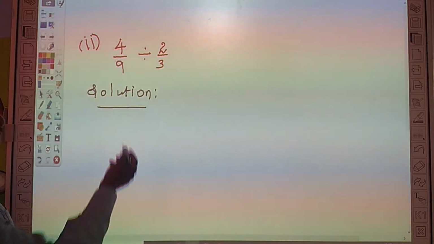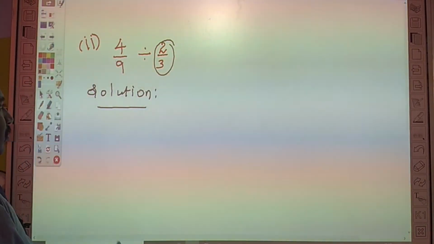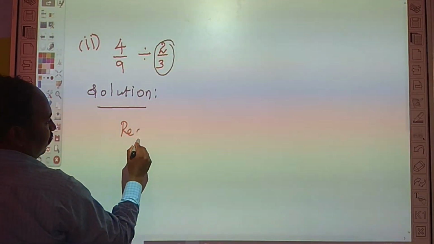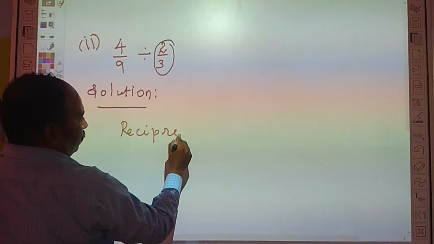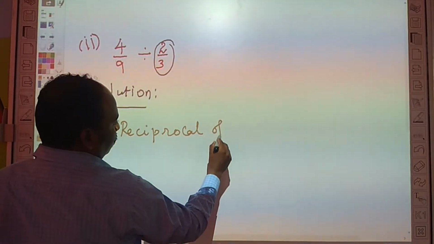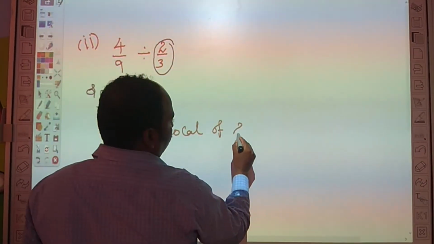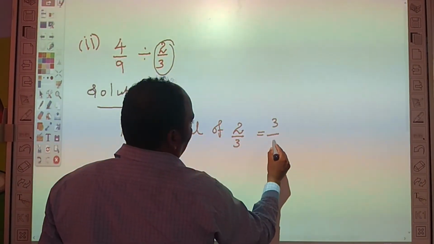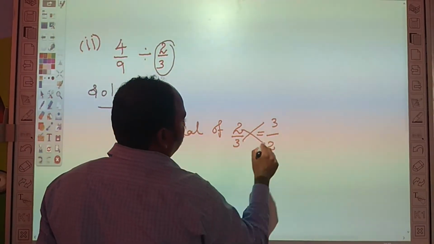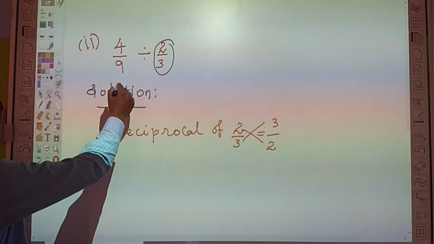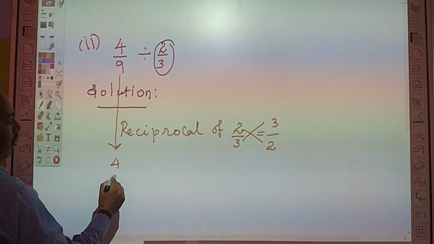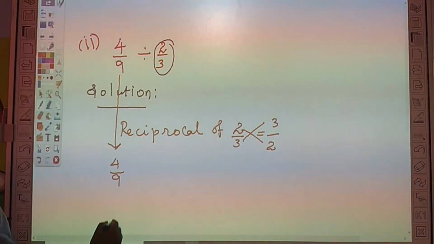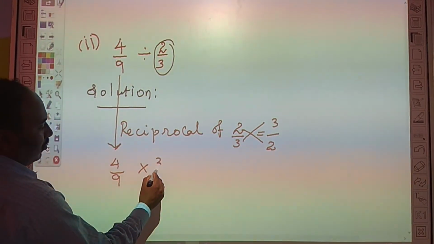First we take the reciprocal of 2 by 3. The reciprocal of 2 by 3 is equal to 3 by 2. Next the given number is 4 by 9, into 3 by 2.